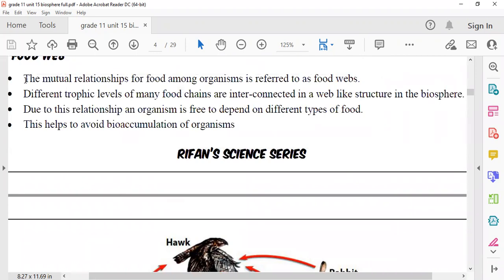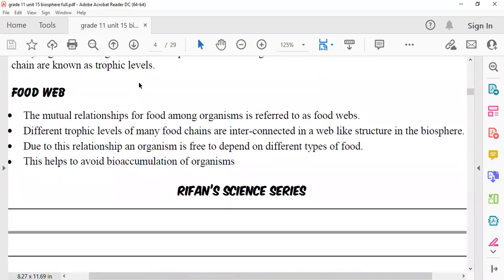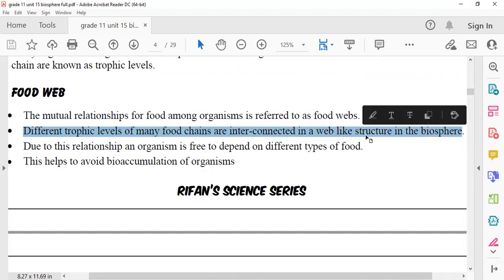According to your textbook, the definition given for food web is: the mutual relationship for food among the organisms is referred to as food web. Different trophic levels of many food chains are interconnected in a web-like structure. Many trophic levels and many food chains are mixed together and make a web-like, net-like structure.